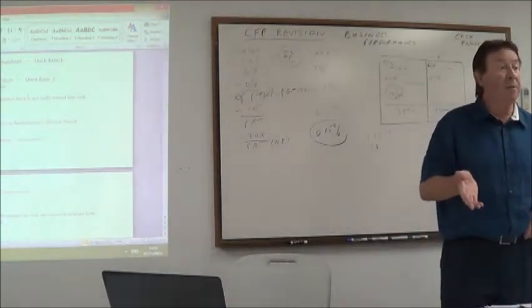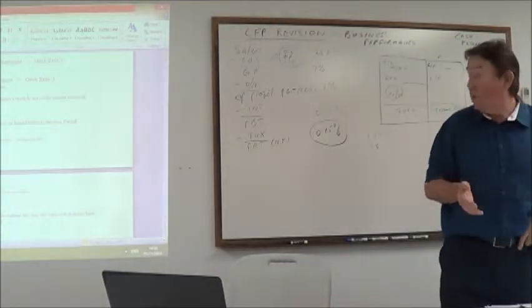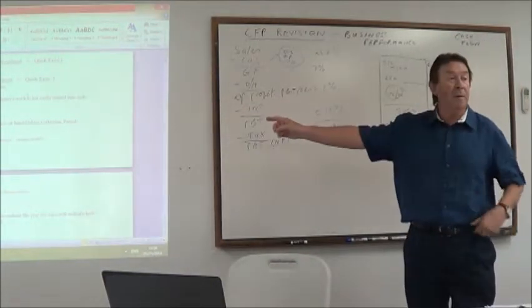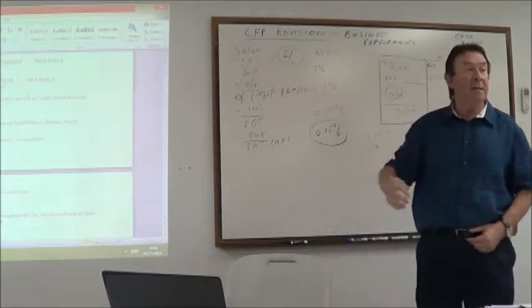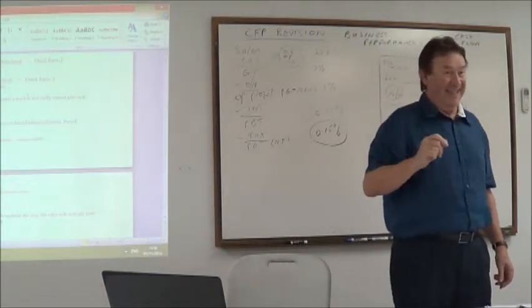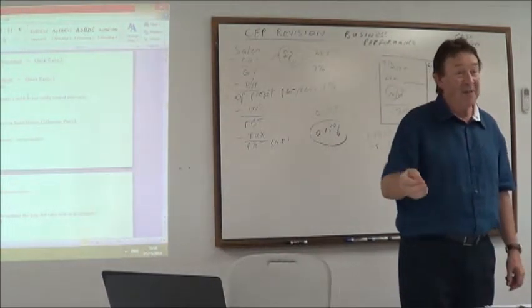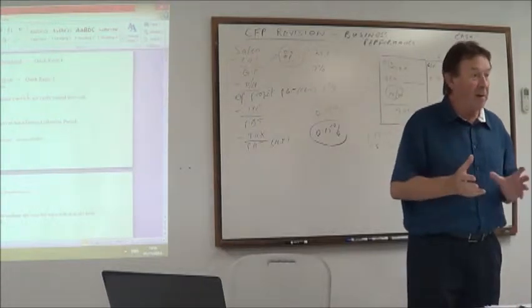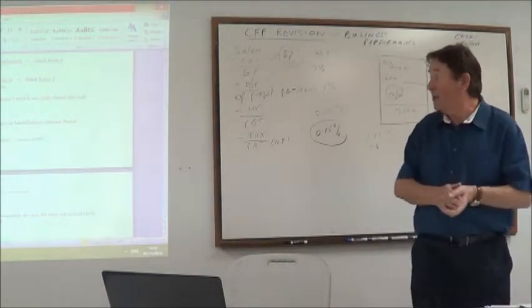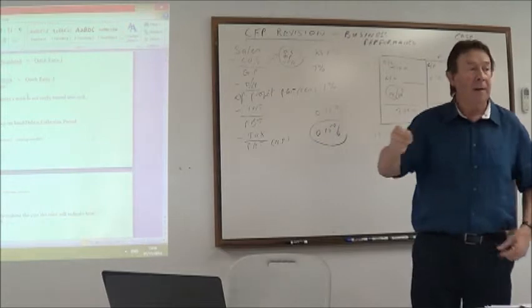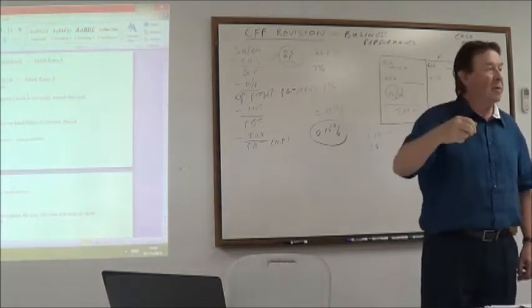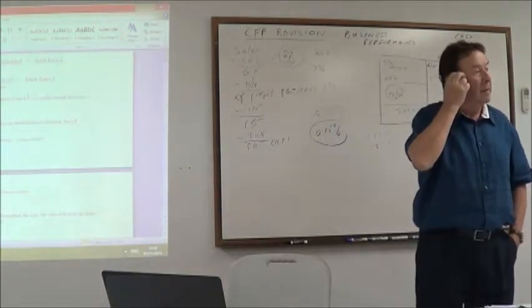Lots of business people don't understand that. So ratio number 4 is the credit that you're giving to your customers. This is your debtors or your receivables outstanding. A very, very important figure. Can you see that? So number 4, put a circle around it or an asterisk, very, very important.